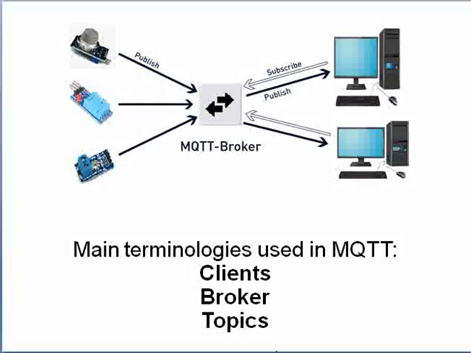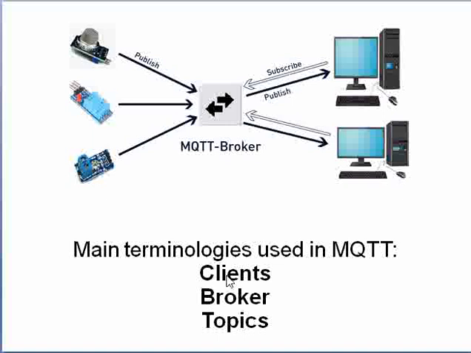So, guys, we'll continue discussion on some of the important topics in MQTT before moving to working on NodeMCU. We need to know some of the important terminologies associated with MQTT. The three main terminologies we continuously hear when we work on MQTT are clients, broker, and topics.